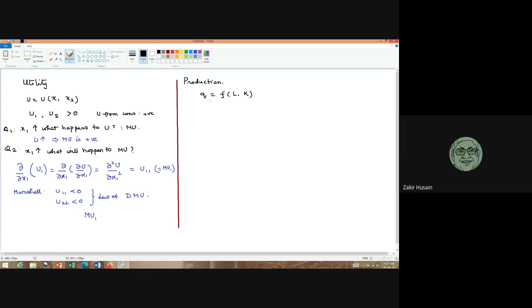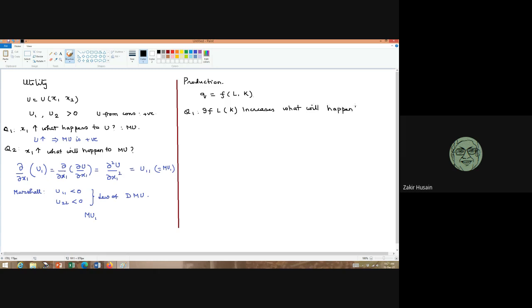Now, in case of production, Q is a function of labor and capital. And again, the first question is that if, let us say, L increases, what will happen to Q?